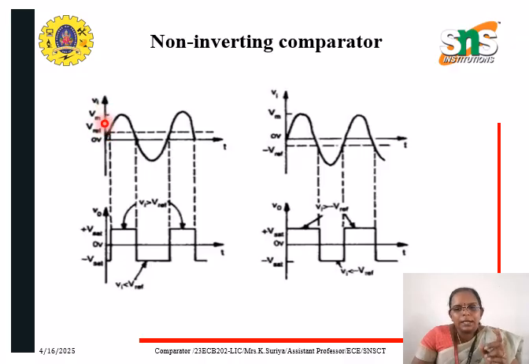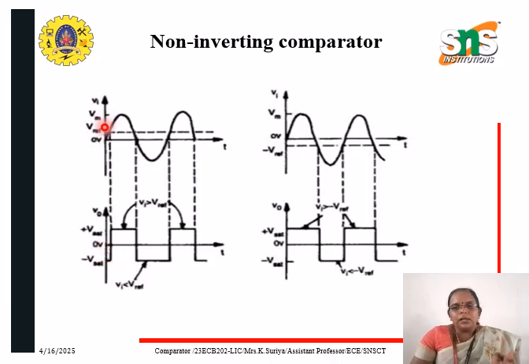When Vi is greater than V reference, your signal output will change from minus Vsat to plus Vsat as shown here. Initially your output is at minus Vsat because from 0 to V reference, your signal is less than V reference. So it is in minus Vsat.